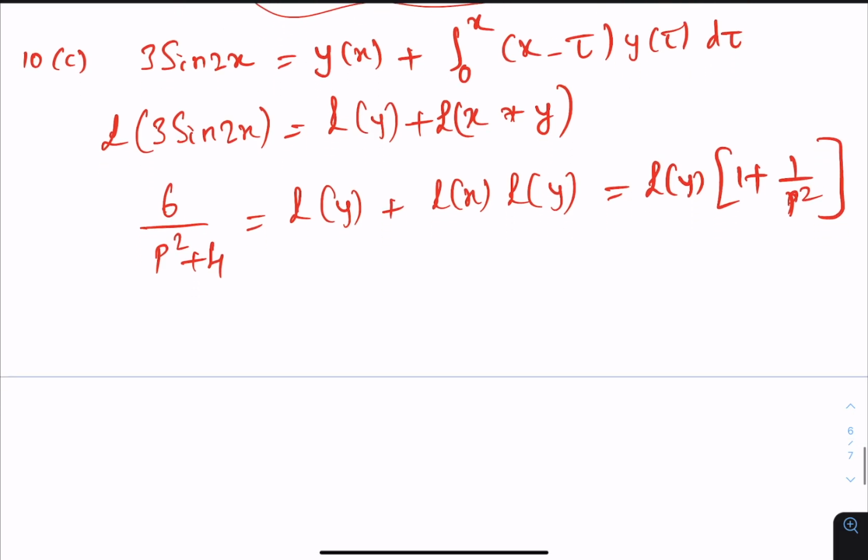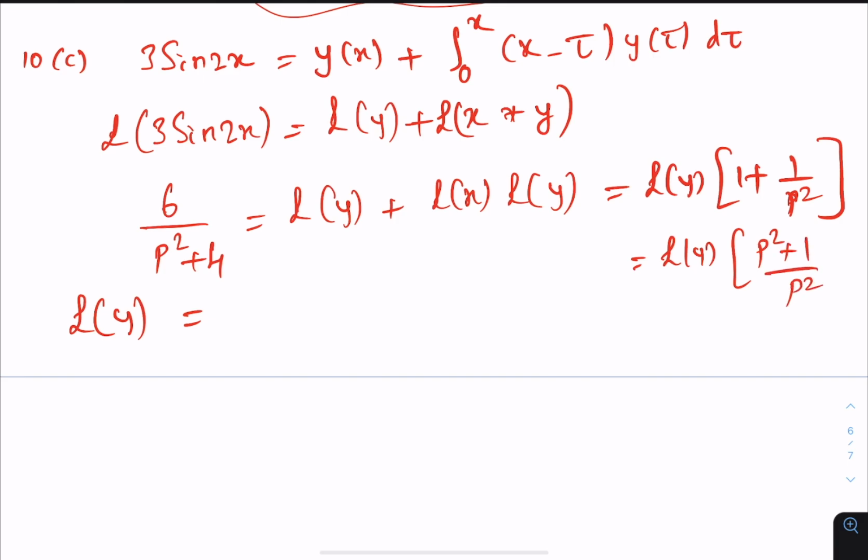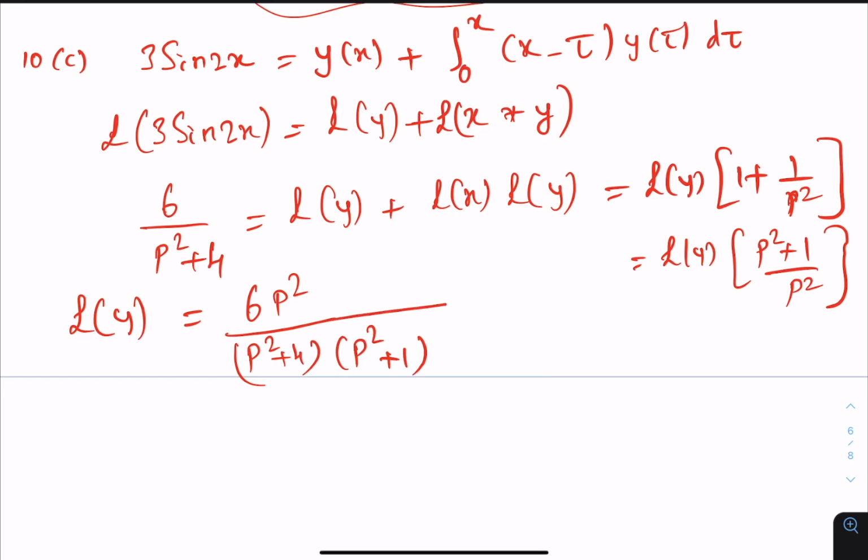Okay, so that's going to give you Laplace transform of y times (p square plus 1) by p square, so it becomes 6p square by (p square plus 4) and (p square plus 1). Now you apply partial fractions to compute this, so then you should get 8 over (p square plus 4) minus 2 over (p square plus 1).